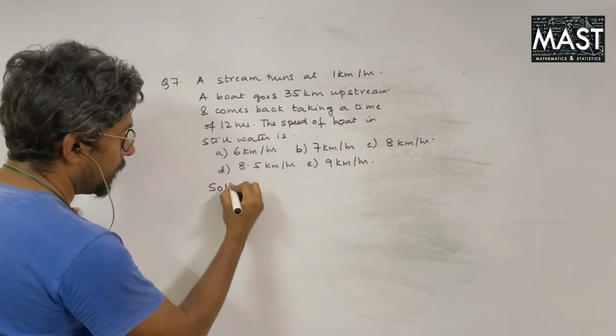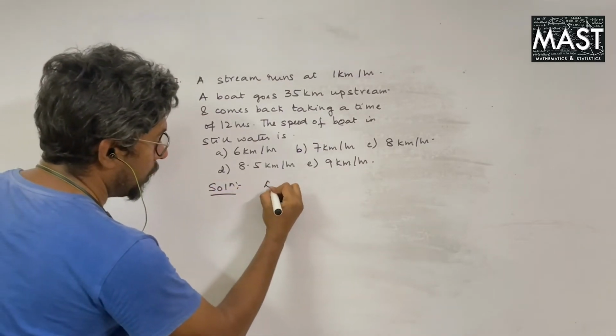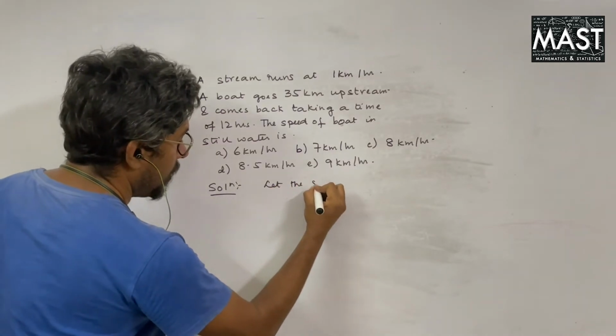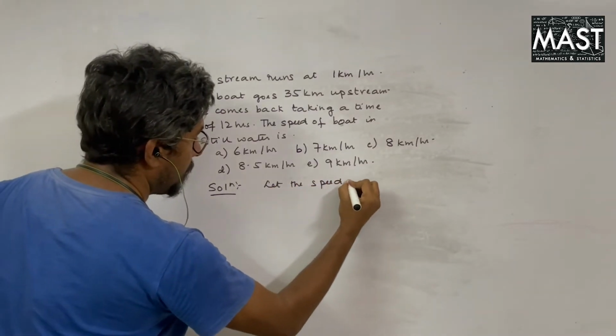While solving this sum, we will assume let the speed of the boat be x kilometer per hour.